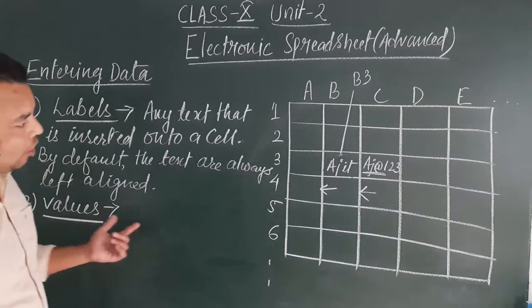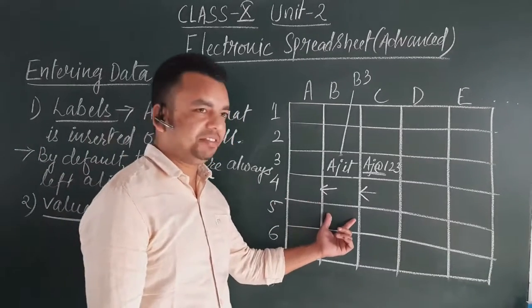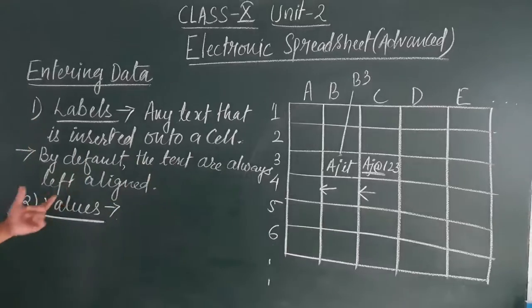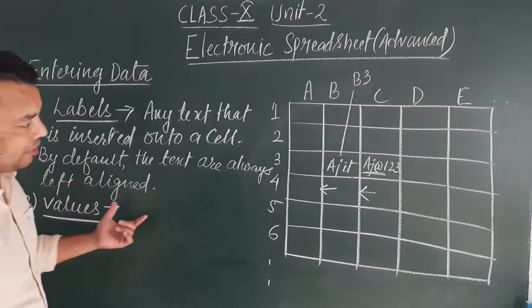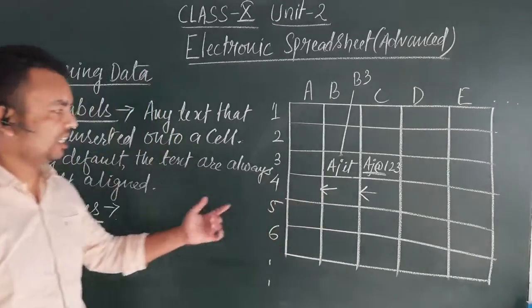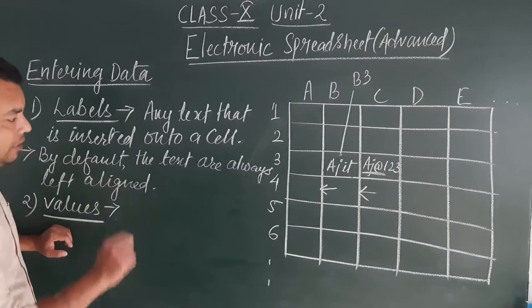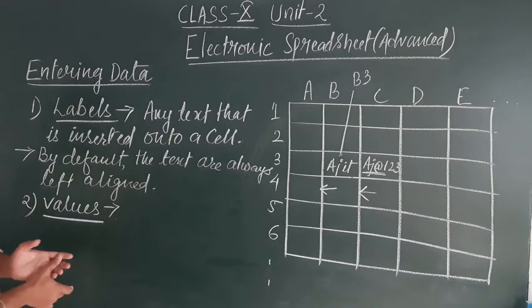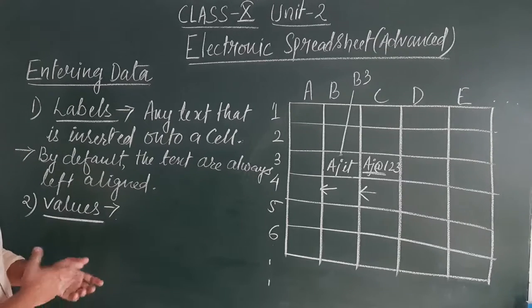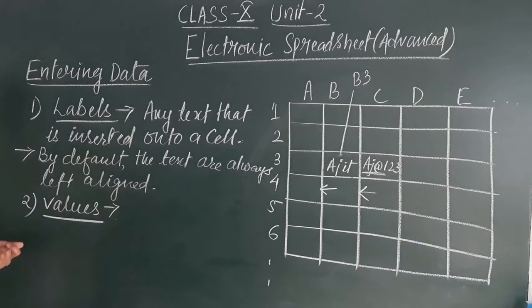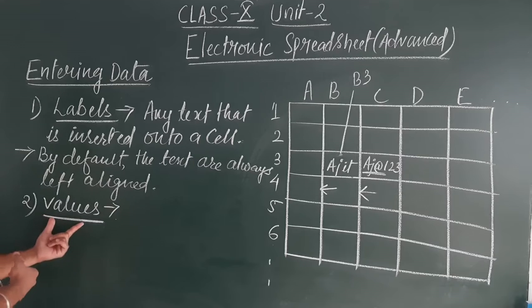Whenever we insert only numbers onto an active cell, as we learned in yesterday's class, that is the cell which has been highlighted. When we place our pointer on a particular cell, it gets highlighted, and that particular cell is considered an active cell. So whenever we insert only numbers into an active cell, that number is also referred to by another name, that is called values.